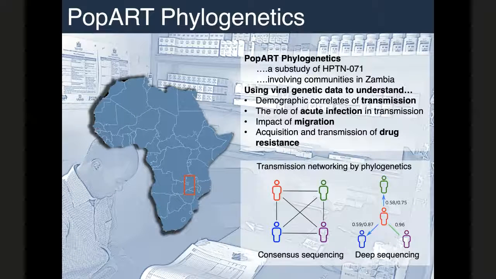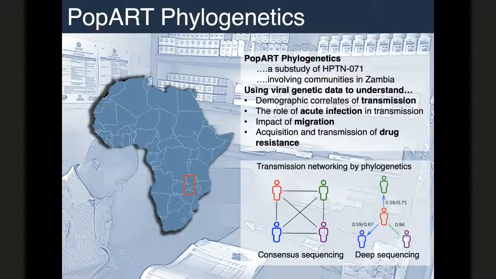We sequence the virus within the host, and we use that information primarily to map out these networks of transmission. We have developed the sequencing and the analytics specifically to characterize these networks with directional information that allows us to identify the transmitters and therefore the correlates of transmission.